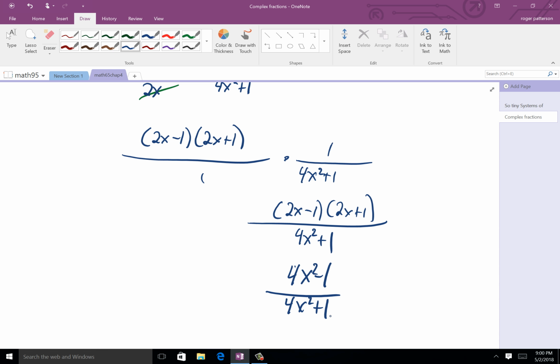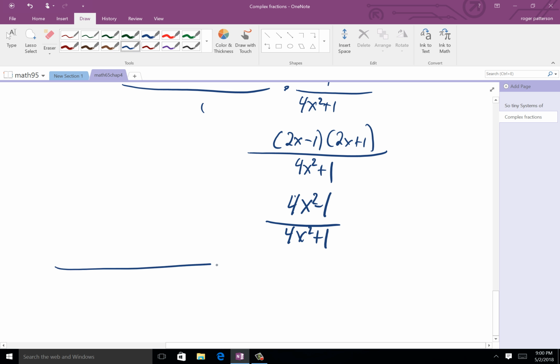Had we been able to cancel something, then we could have done that. But in this situation, we couldn't. But I think it's something you need to be aware of: if I can do some factoring there and something cancels out, I want to make sure I do it. Because you are simplifying, so it's got to be in the simplest form.